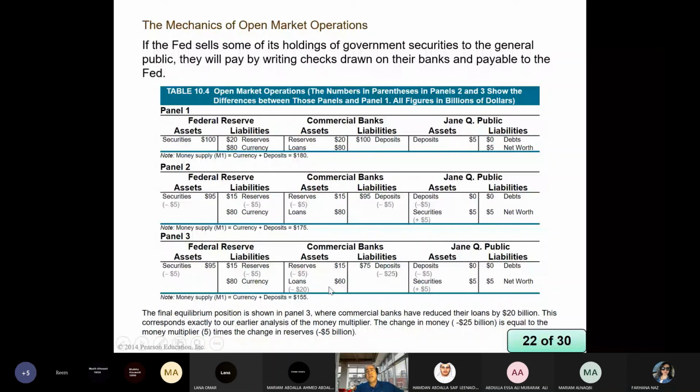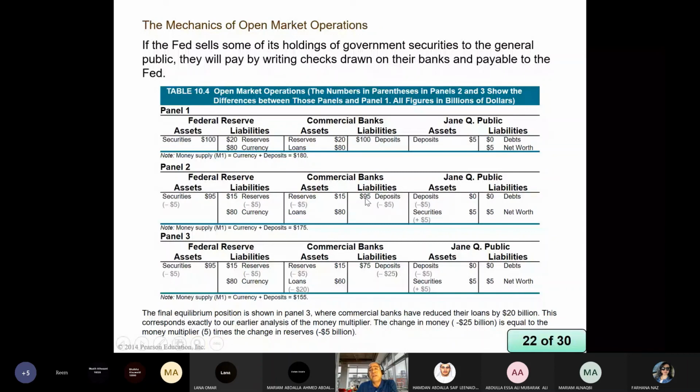So 15 dirhams as reserves times 5 as the money multiplier equals 75. So now the commercial banks will call some of the loans. So total loans will decrease by 20, and total deposits will decrease also by 20, from 95 to 75.